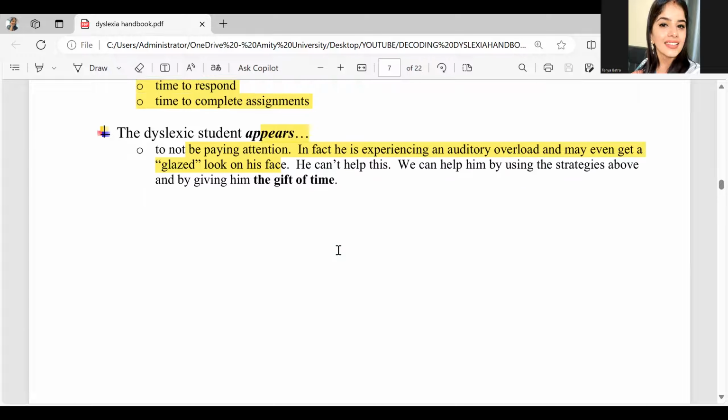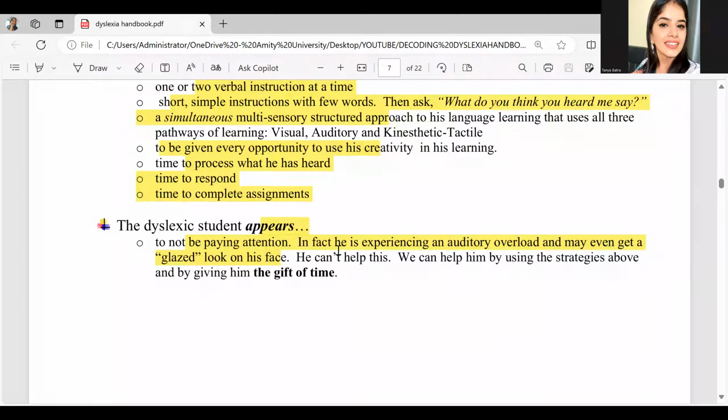Time to complete assignments. Okay. The dyslexic student appears not to be paying attention. In fact, he is experiencing an auditory overload and may even get a glazed look on his face. So, this is very important. Sometimes, when the instructions are so much and so many in the class, the child is not able to have that understanding of the instruction and might feel overburdened with so many auditory stimuli.